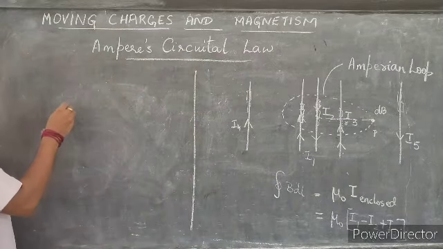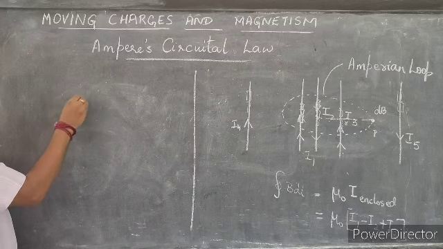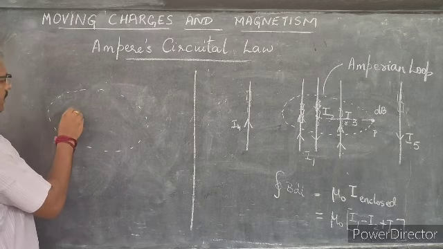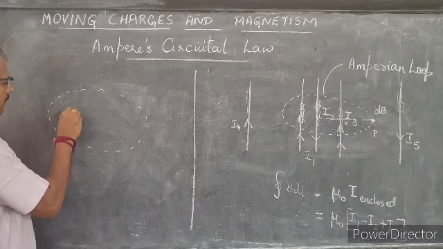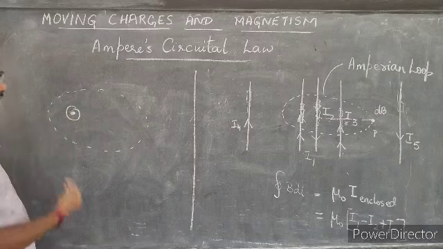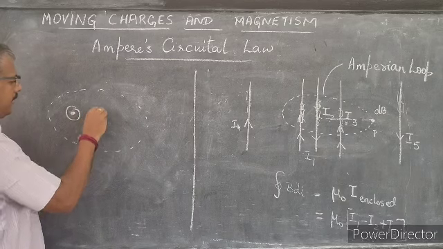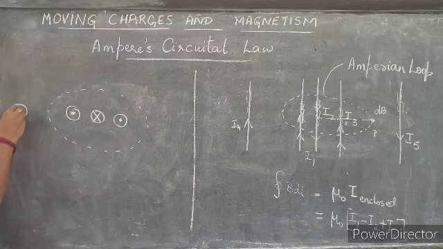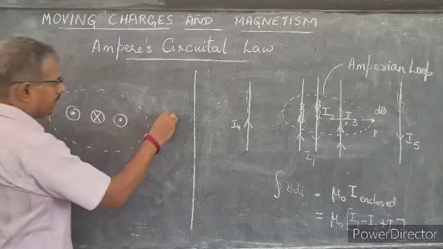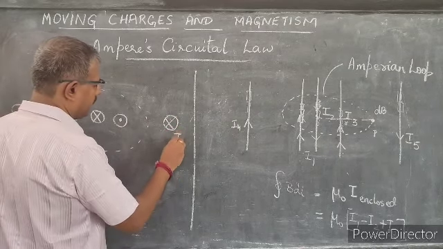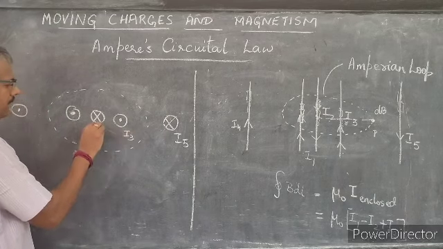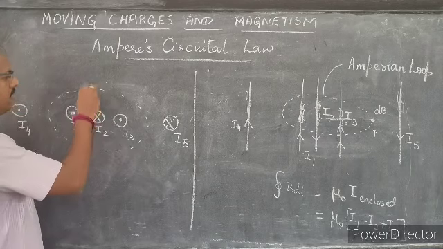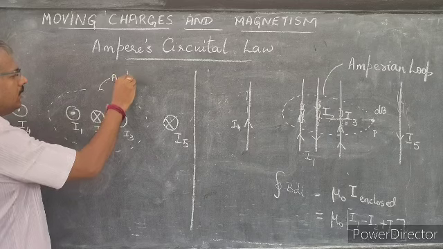Then I will be able to redraw this diagram as this being my loop, and there is I1 which is coming out, there is I2 which is going in, I3 which is coming out, I4 which is coming out, and I5 which is going in. So this is my Amperian loop.